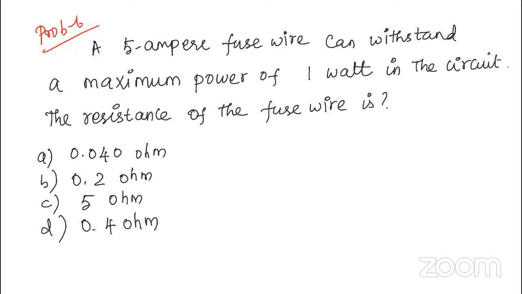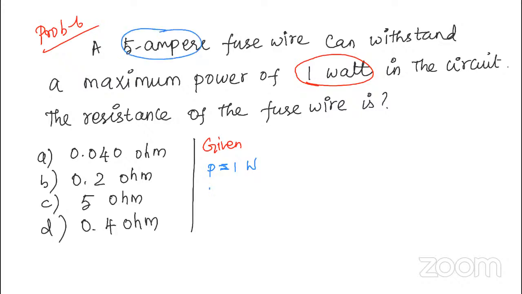Okay. So let us now solve this one. First, write the given values. The power value is given, that is P is equal to 1 watt. Then what about the current value? Here they are mentioning the current value, I is equal to 5 ampere.